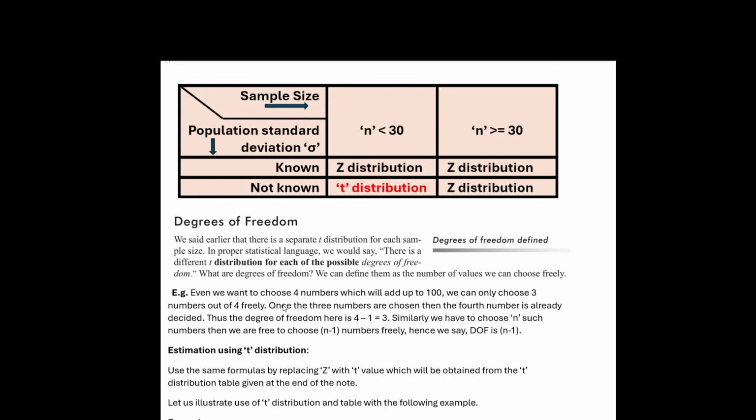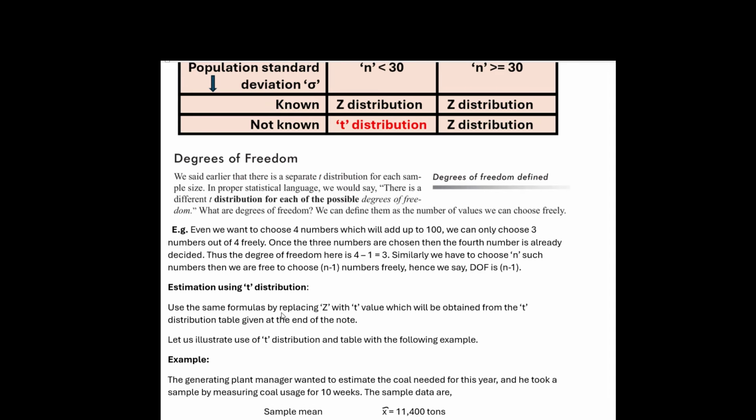The first number can be anything, the second can be anything, the third can be anything, but the fourth number gets automatically fixed once you select three numbers. So you are free to select three numbers. In the case of n numbers, it is n minus 1. So degrees of freedom is n minus 1.